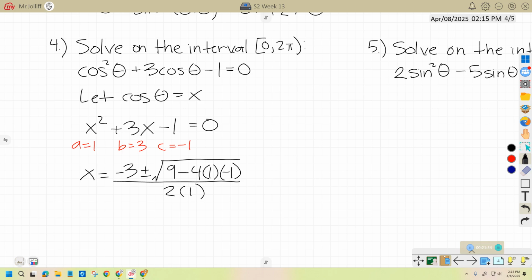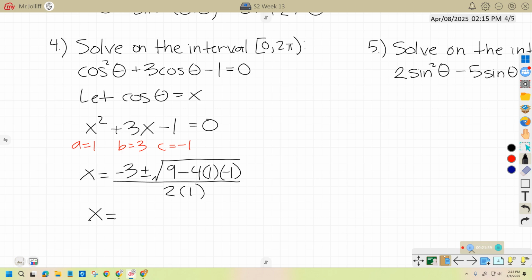We want to make it pretty, because we might end up with something on the unit circle, and we'll know how to deal with that. So let's simplify, starting with the inside of that radical. -1 times -1 is +1, so this is a +4. What is 9 plus 4? 13.